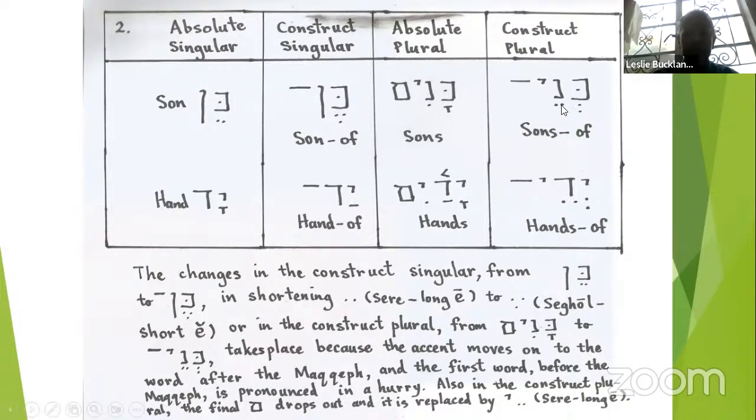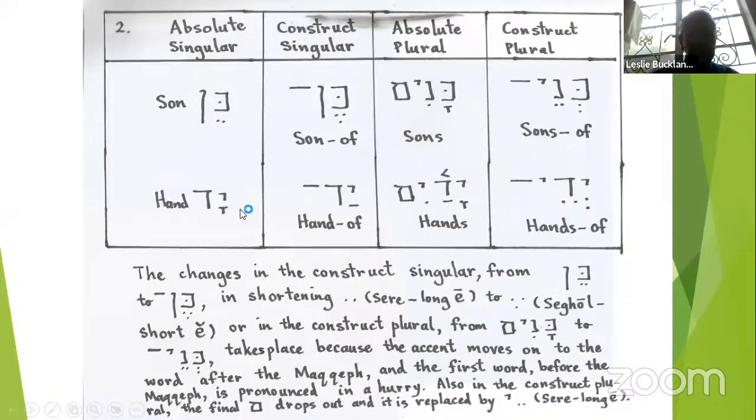So you have to hurry in your pronunciation. So you have a simple shua under the base, and instead of having the im ending, you have an a ending, bene, meaning sons of.